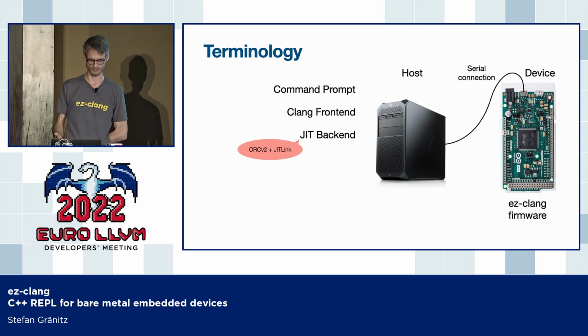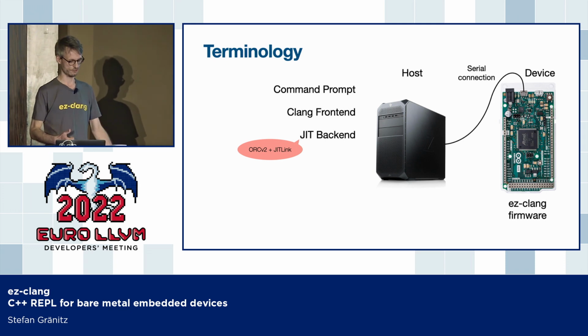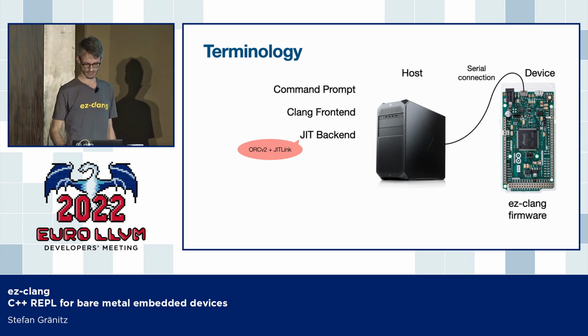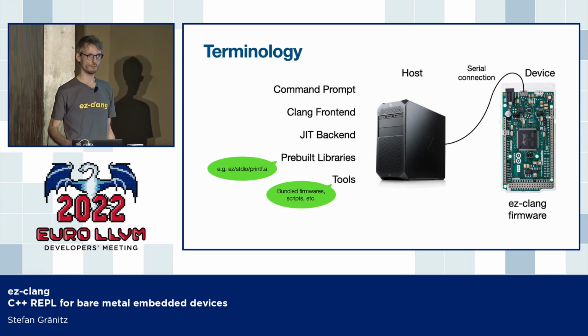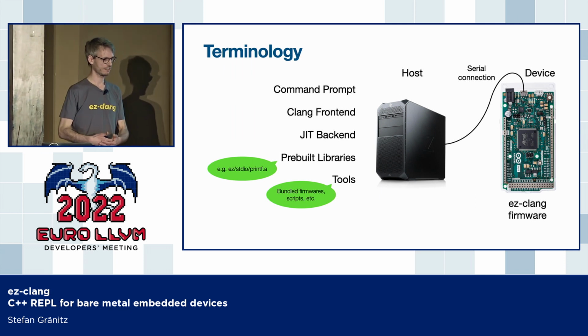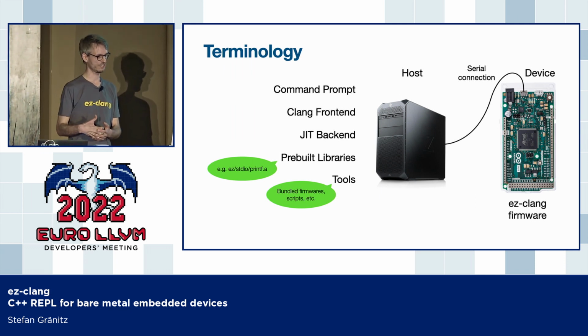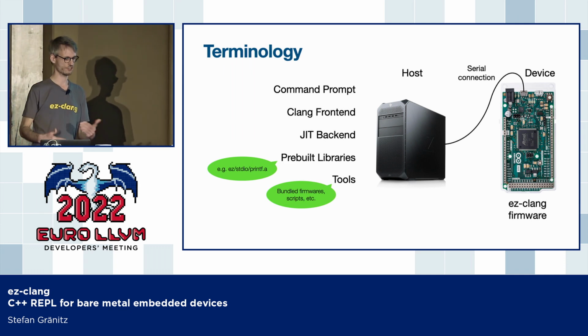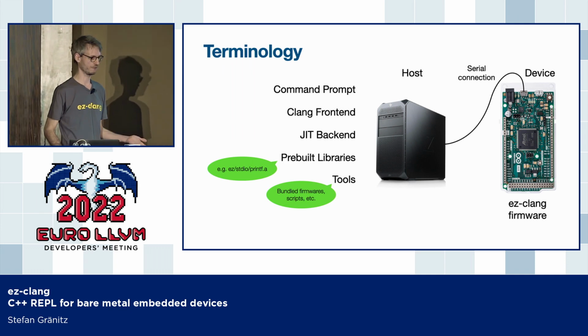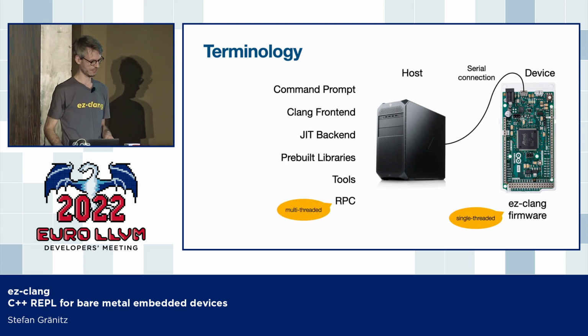The bitcode is fed into a JIT backend that's based on ORCv2 and JITLink. There is a number of pre-built binaries in the Docker container that we saw, and we need some tools to do the connection. And there's actually bundled firmwares also in the Docker container that you can flash with ez-clang on your controller if you have one.